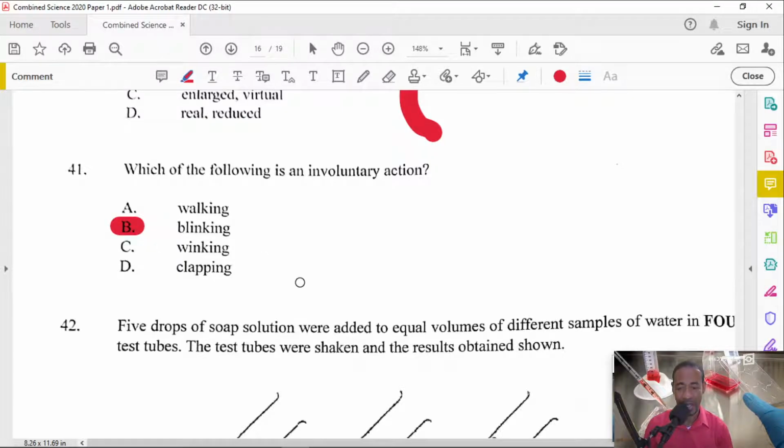You can blink if you decide to blink, but generally, as a response to a stimulus, you do not control the blinking. You blink automatically, so it is involuntary. Winking, on the other hand, you can control. Winking is different from blinking. When you do this action voluntarily, you call it winking. And clapping, you decide to do that. So definitely B is our option.